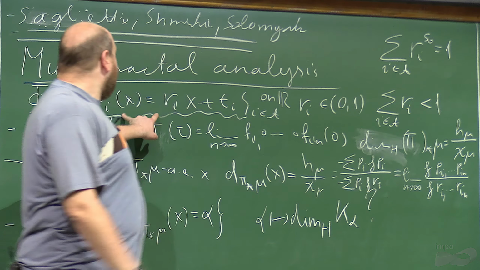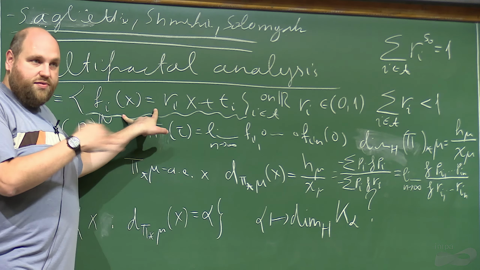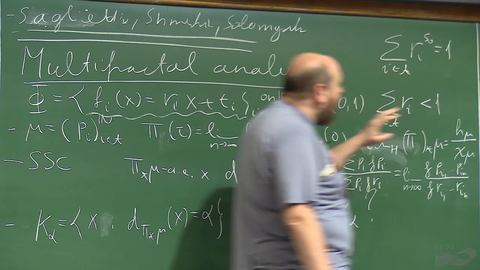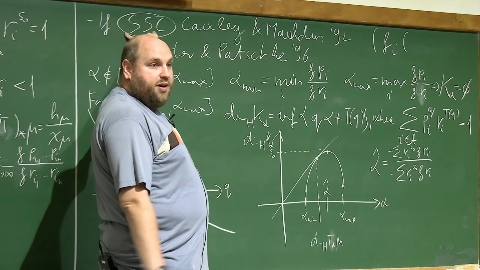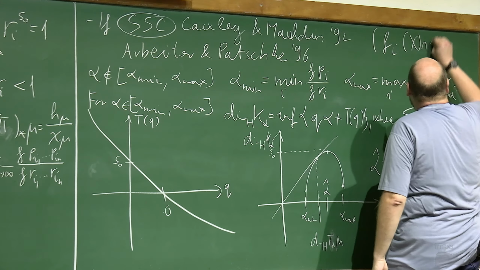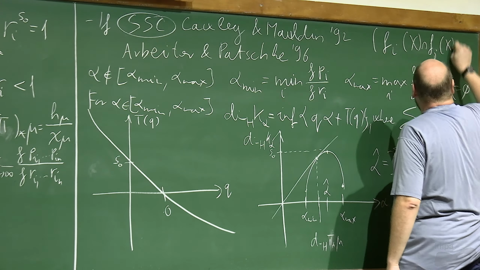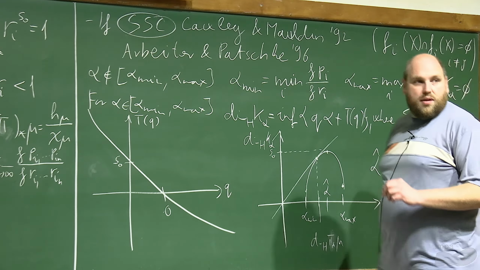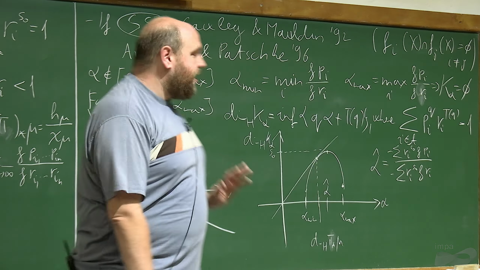So this is a collection of similarity contractions on the real line. And furthermore, I assume that the strong separation condition holds, so for the invariant set, these images will be disjoint. Okay, these are the standing assumptions.